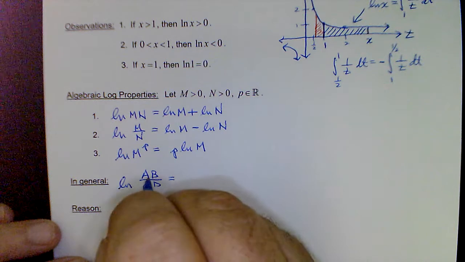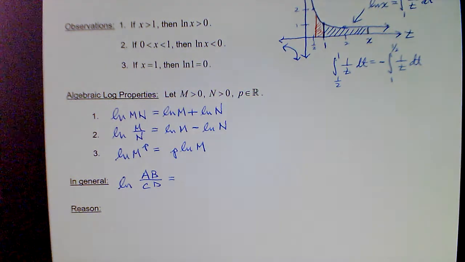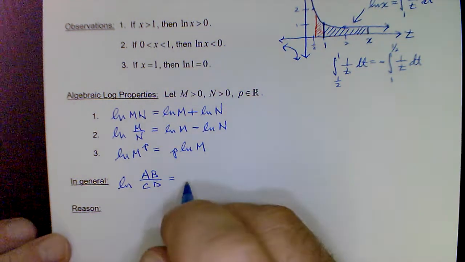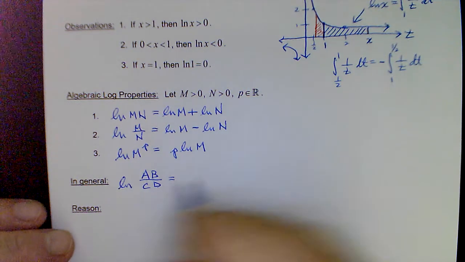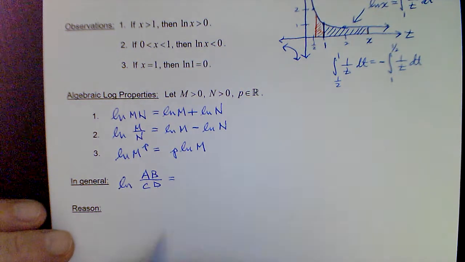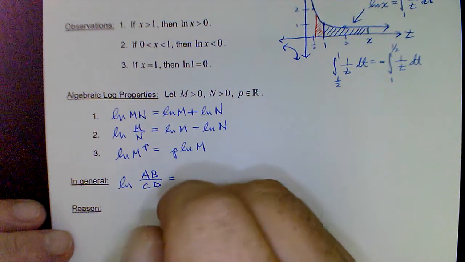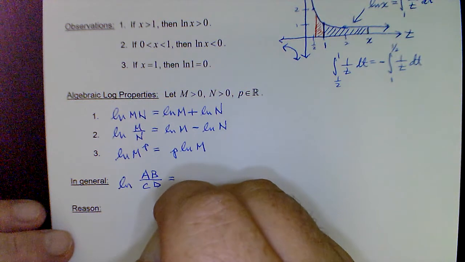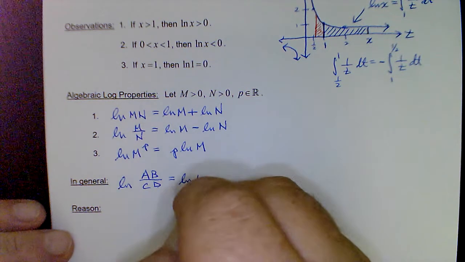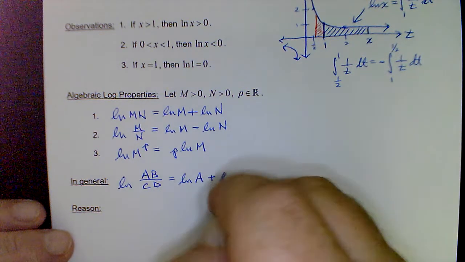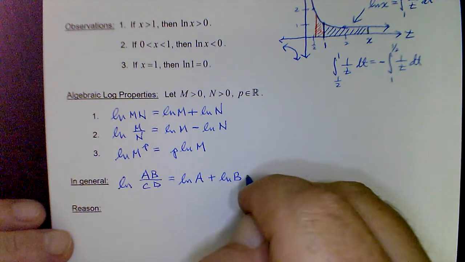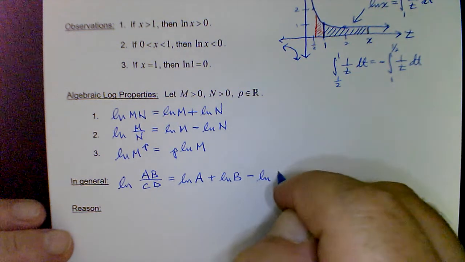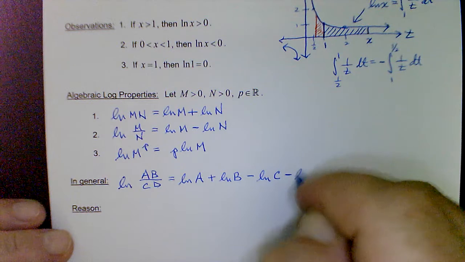If a factor is in the numerator, when broken down, the coefficient of the log will be positive, and if a factor is in the denominator, when we break it down, the coefficient of the log will be negative. So in one step with that general concept, we'll have the natural log of A plus the natural log of B, because A and B are both in the numerator, but then because C and D are in the denominator, minus the natural log of C minus the natural log of D.